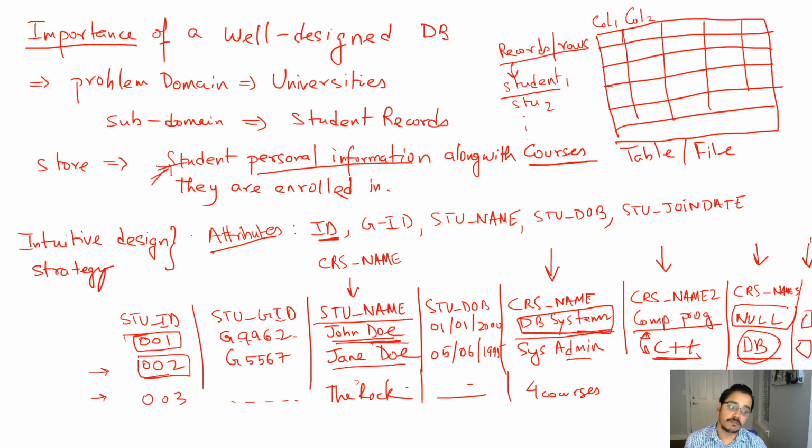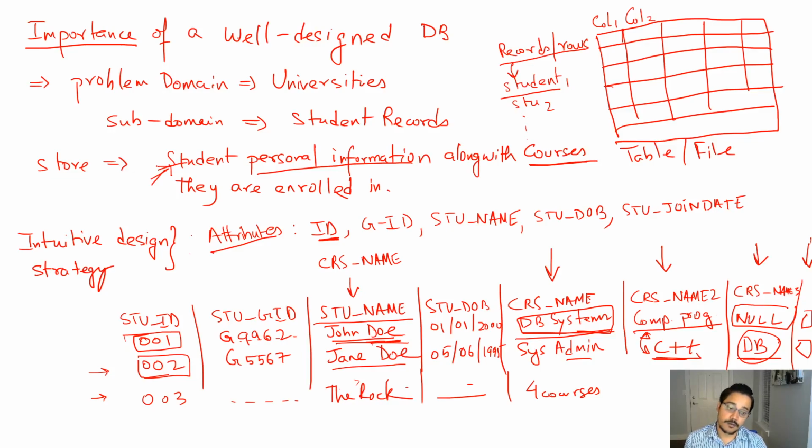There is no purpose of using a database anymore if you are going to write your own procedures in order to manage the data and deal with it, right? So that is one of the problems that you will face in this particular design, our intuitive design strategy.